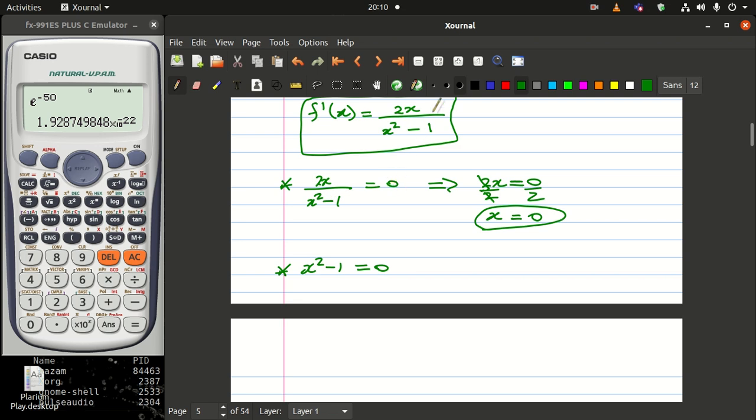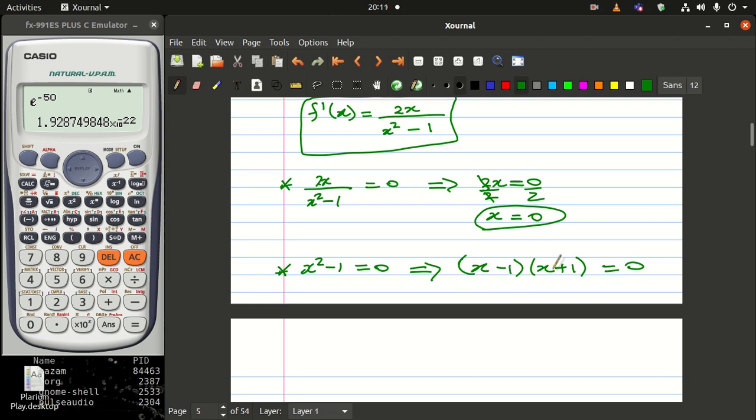Now we want the denominator to be 0. When we factorize this, we will have x minus 1 and also x plus 1, and we want this equal to 0.